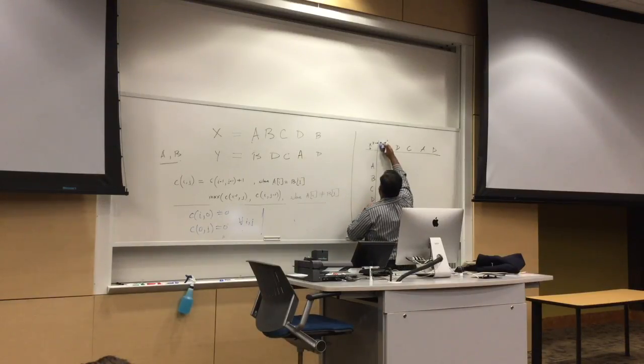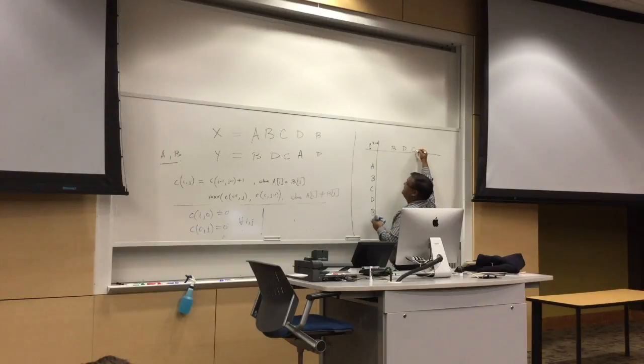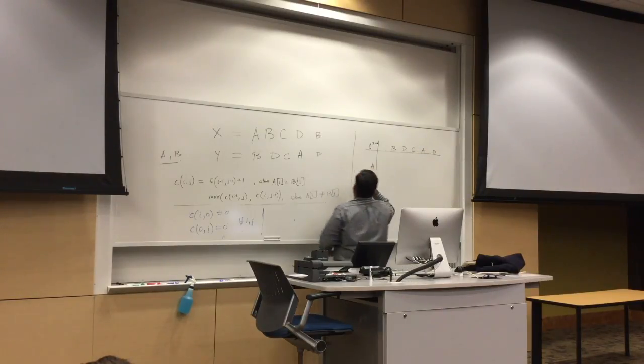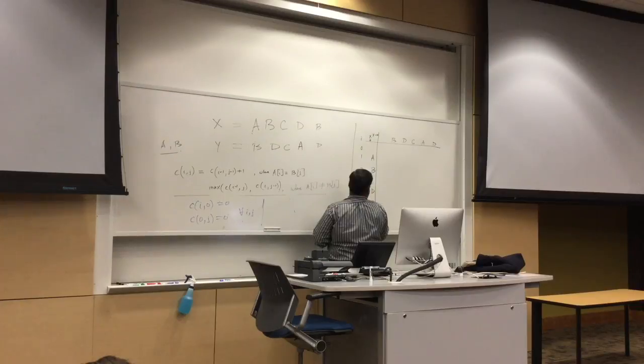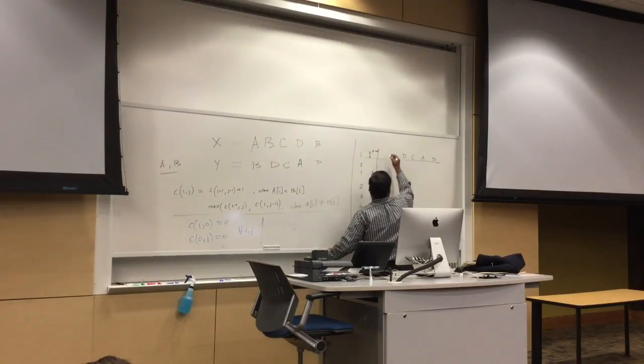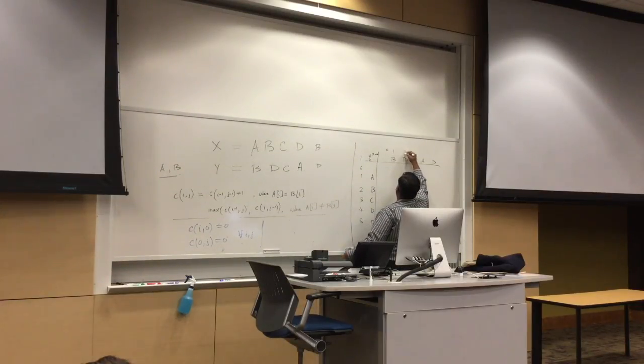And this would be the row where I'm not taking any character. So this is B, D, C, A, D. So what are the i and j values? The i values here will be 0, 1, 2, 3, 4, and 5. And the j values will be 0, 1, 2, 3, 4, and 5.